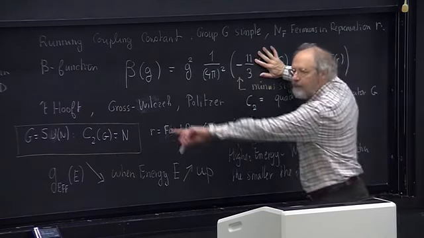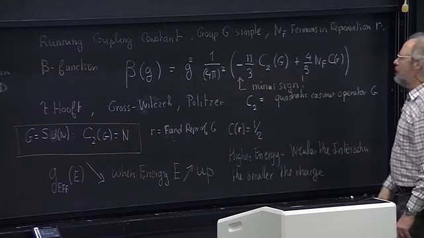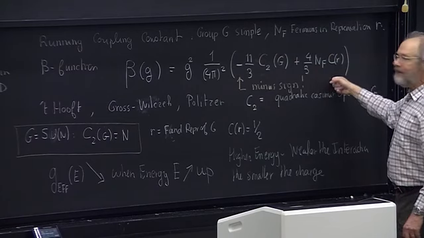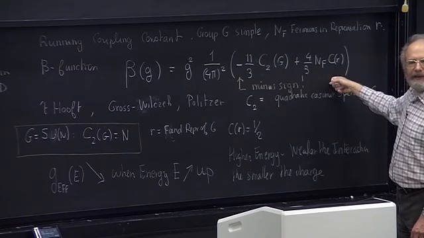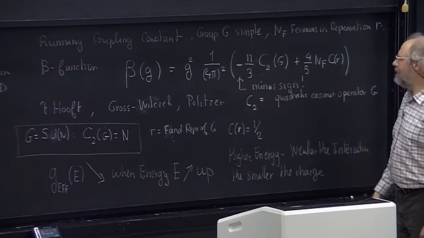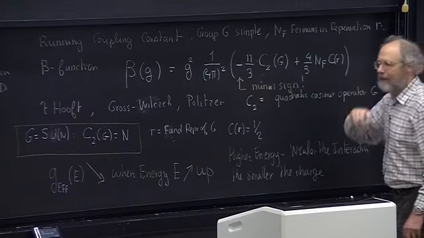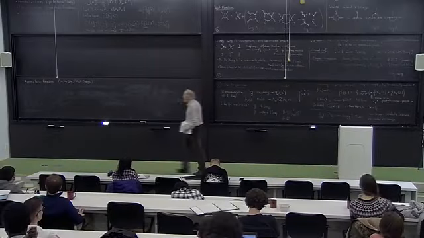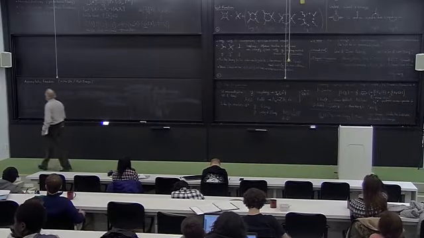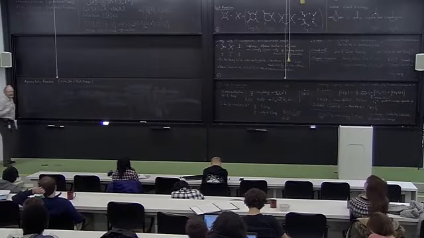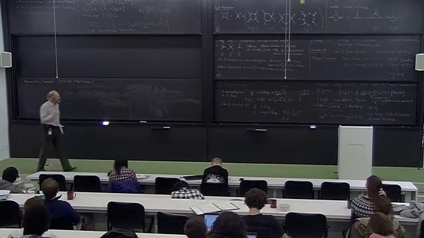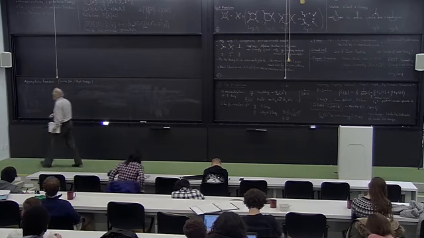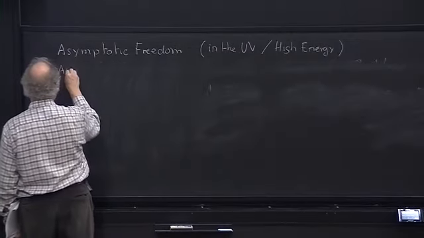This was for SU(N), not for U(N). So a U1 factor doesn't count. So you get only this factor, and this is the result for QED with a plus sign. Okay. So asymptotic freedom is the essential property of non-abelian gauge theories, and it can be viewed as an anti-screening effect.